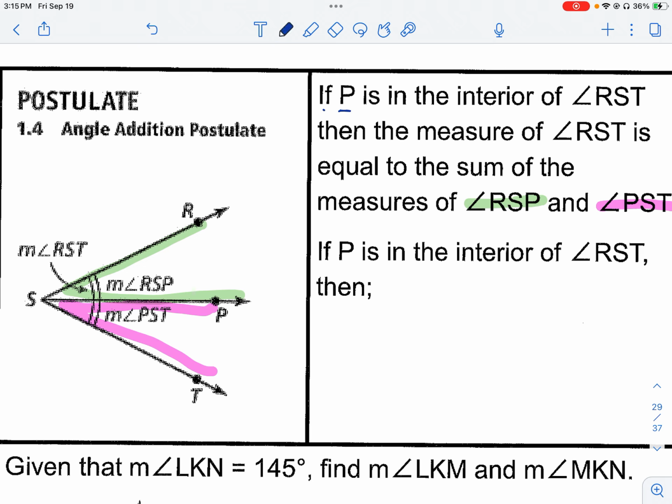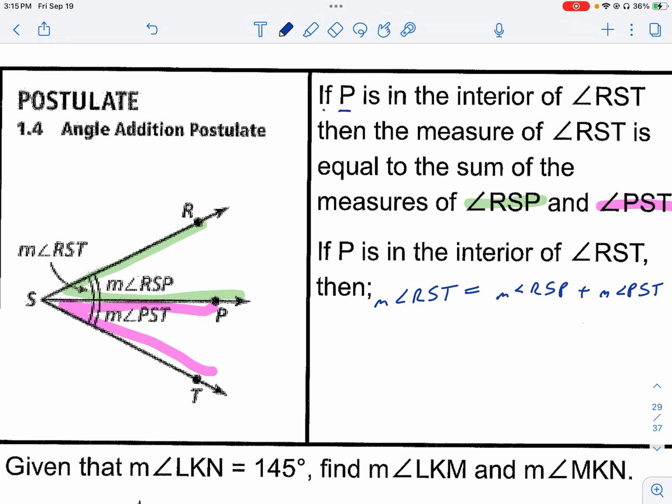So if P is on the interior, then the measure of angle RST equals the measure of the angle RSP plus the measure of the angle PST. So the two little angles add up to the big angle, is what we're saying.